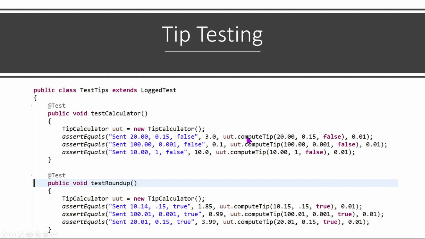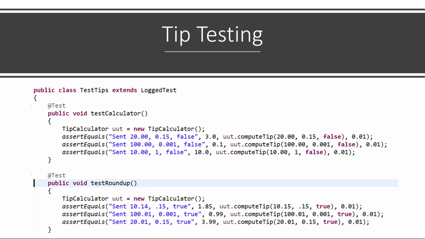You can see the idea is if I have a $20 price with a 15% tip, the $3 should be the tip that comes back. That's the answer that comes back here, 3. In this case, if I have a $100 price with a 0.1% tip, it's a penny that comes back. Or if I have a $10 price with a 100% tip, the tip is $10. And so that's what is going on.